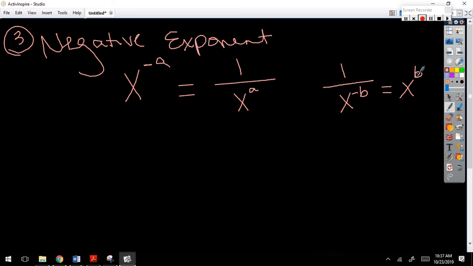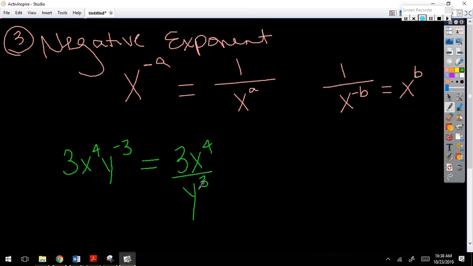Okay, so what we ended up with just now, what was that final one? x to the 5, y to the minus 3. This was 4 over 1. But if it was just y to the minus 3, then it'd just be 1 over. Yes, because if there's nothing there already, you hold the place with a 1.